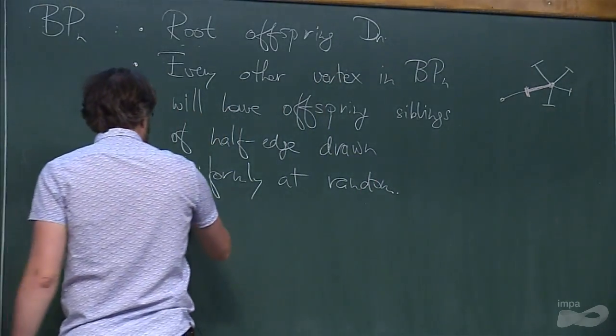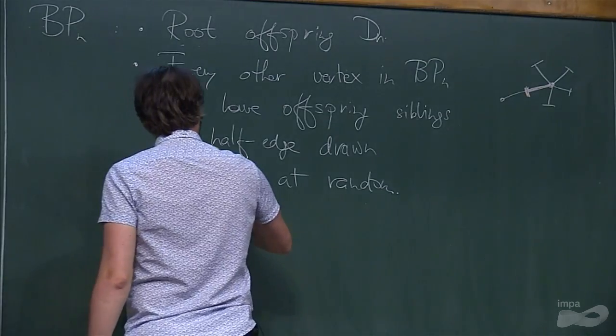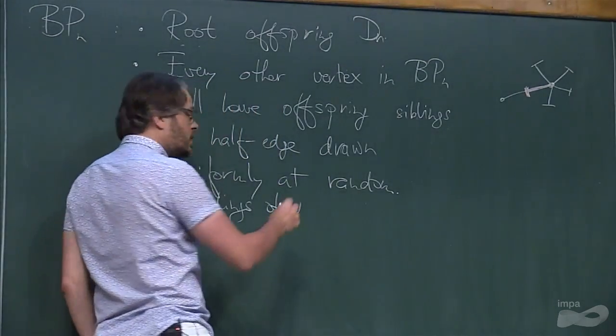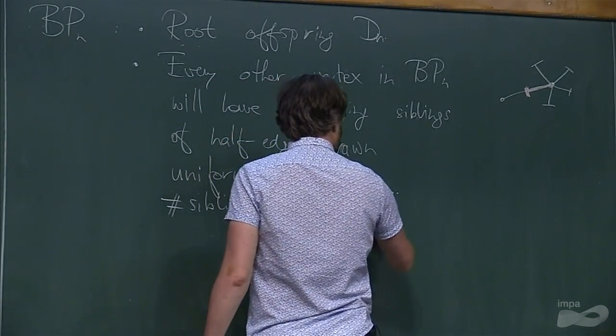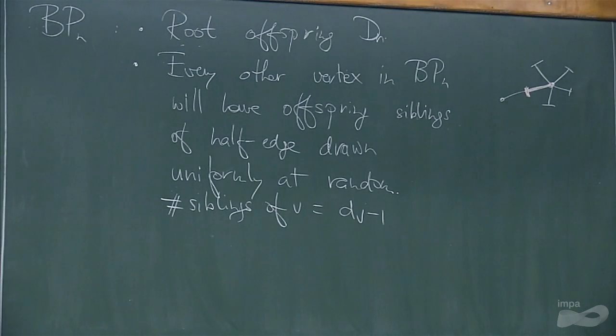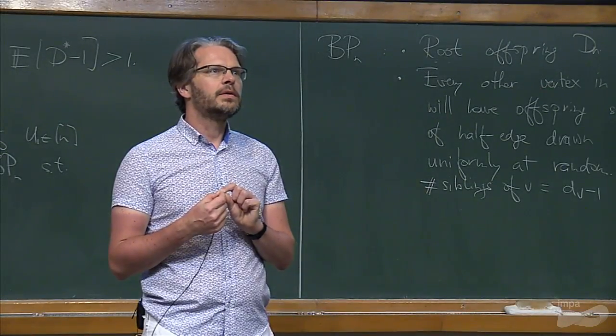Now, the number of siblings of a vertex V is the same thing as the degree of V minus 1. Okay? And also, because I'm drawing a half edge uniformly at random, the probability that I will choose a certain vertex will be precisely the degree divided by the total degree.